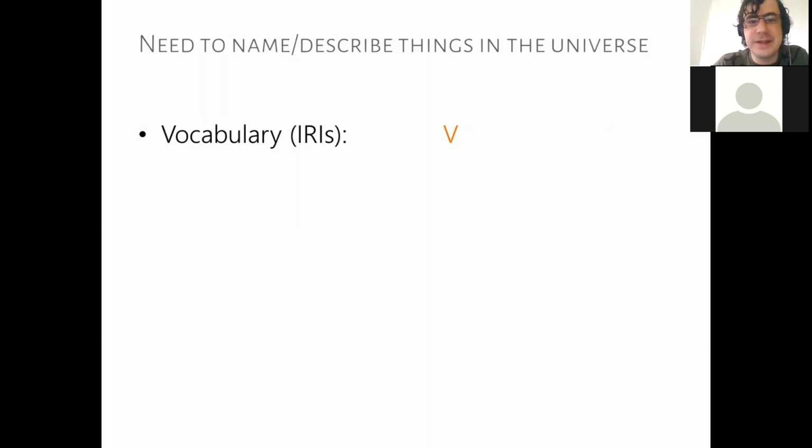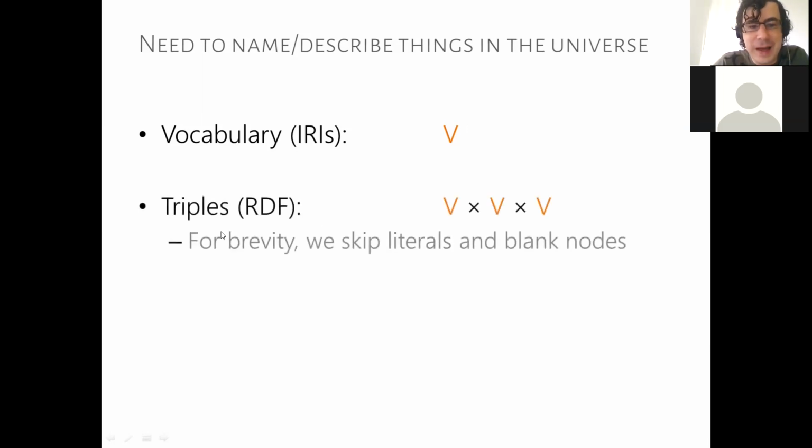So we also need to be able to name or describe things in the universe. For this, we define some vocabulary, which is the set of identifiers that we can use to identify things in the universe. And then we have triples, which allow us to speak about how those things combine or relate to each other. Here V is the set of all the IRIs.